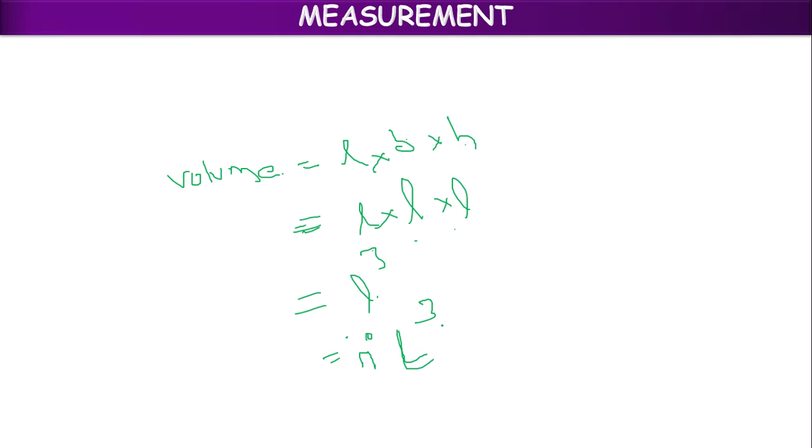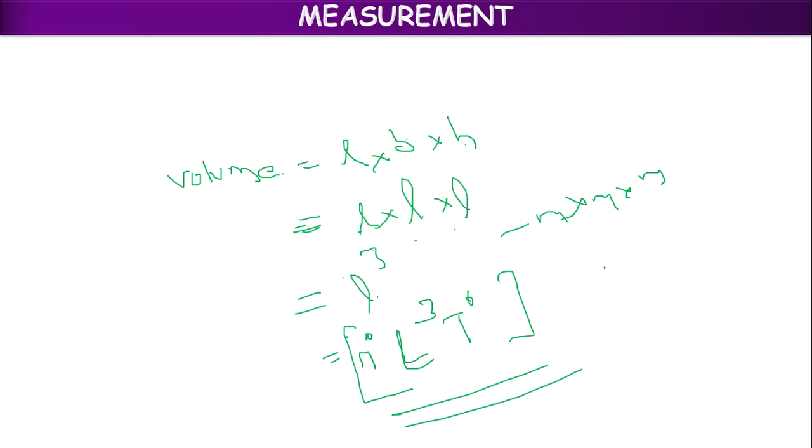There is no mass, M0. There is no time, T0. So the dimensional formula is M0 L3 T0. What is the unit? Meter into meter into meter, meter cube or cubic meter.